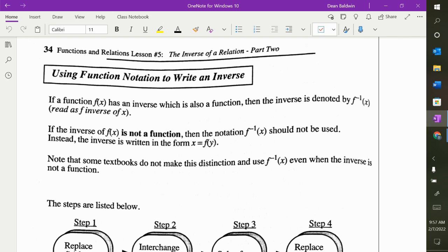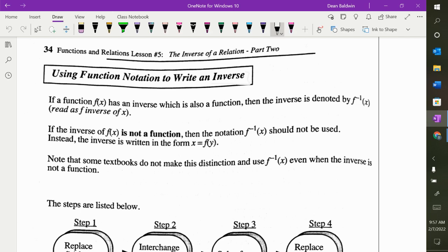Some notation for you. Everybody loves notation. Okay, so we've talked about inverses. We did inverses on Friday. What do you do when you're doing an inverse? If I say graph the inverse, what do you do? You switch the x and y, right?